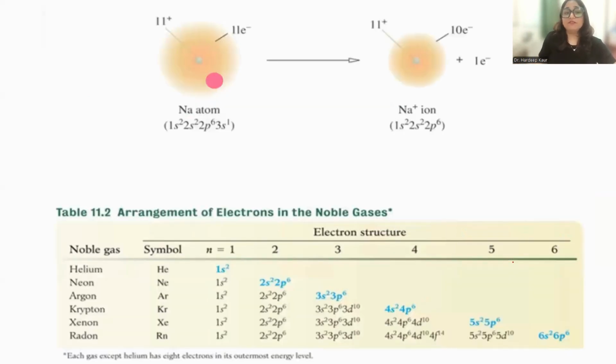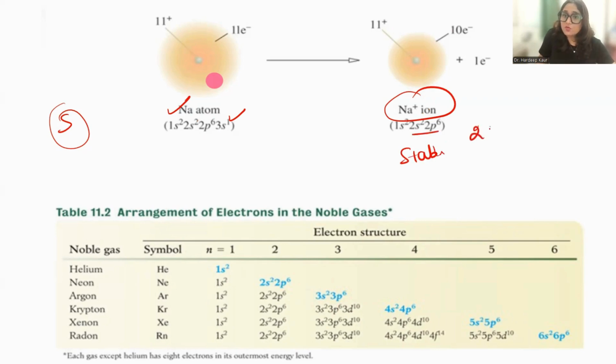Now, when elements combine, like sodium, it is an s block element. So it has 1 electron in the outermost shell. This 1 electron it can easily give and convert into an ion. So now this ion is getting stable. Why is it stable? Because now it has the 2s2 2p6 configuration.